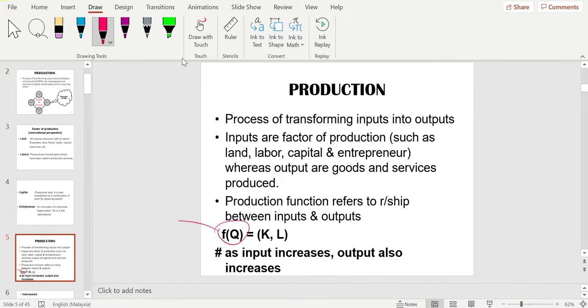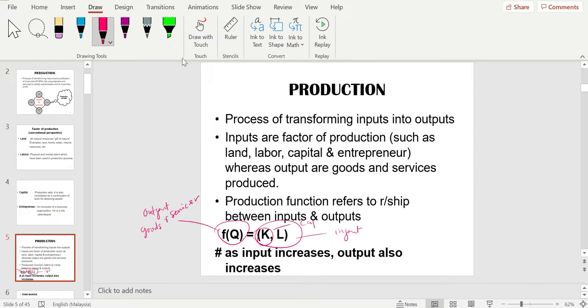Okay, this is output, which is the goods and services, and depends on what type of good you want to produce from the combination of land, labor, capital, entrepreneur. And K and L, this is the input. What is K?